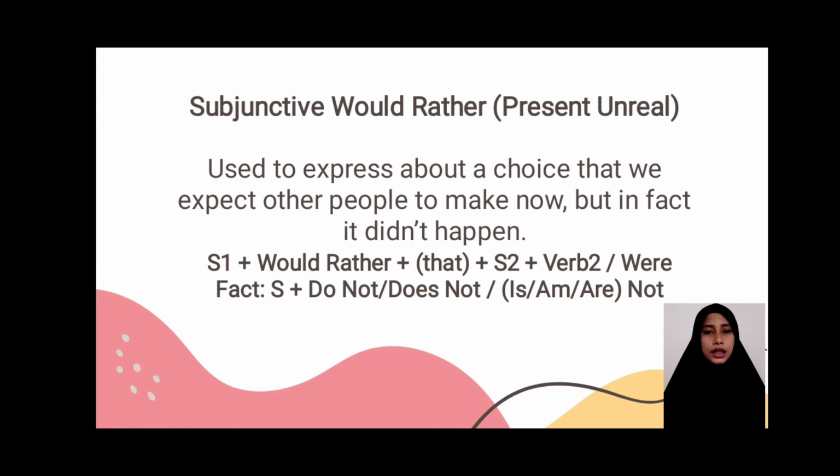The facts are written in the simple present tense and contrary to the subjunctive. If the subjunctive is in the form of a positive sentence, then the fact is in the form of a negative sentence. Vice versa. The to be used in this subjunctive is only to be were. To be was isn't commonly used in the subjunctive present unreal.